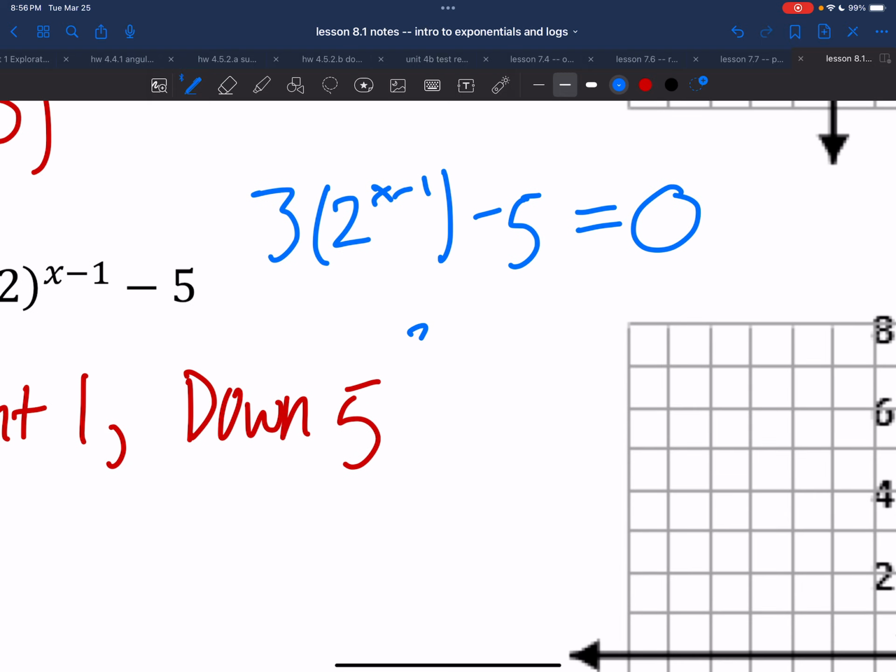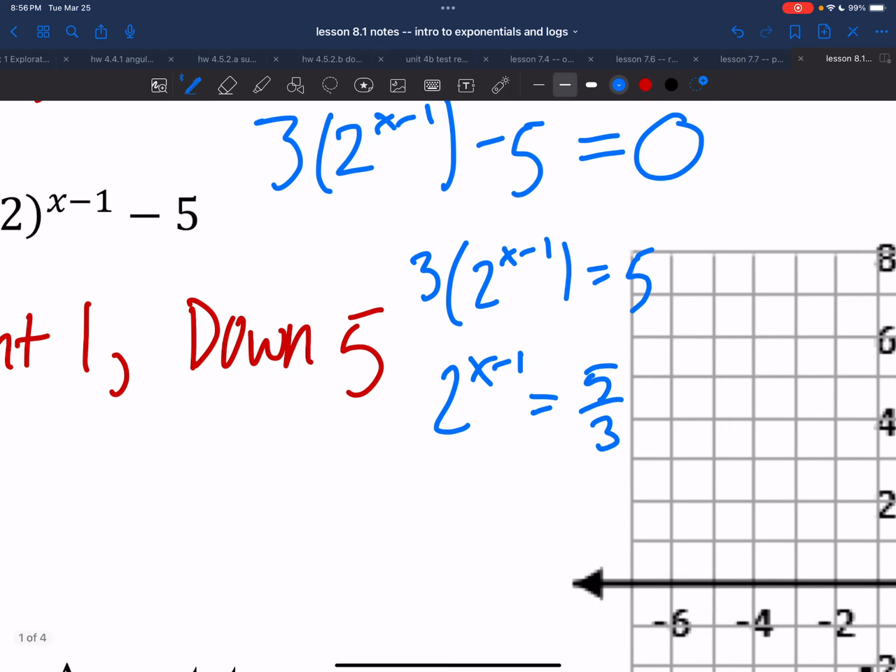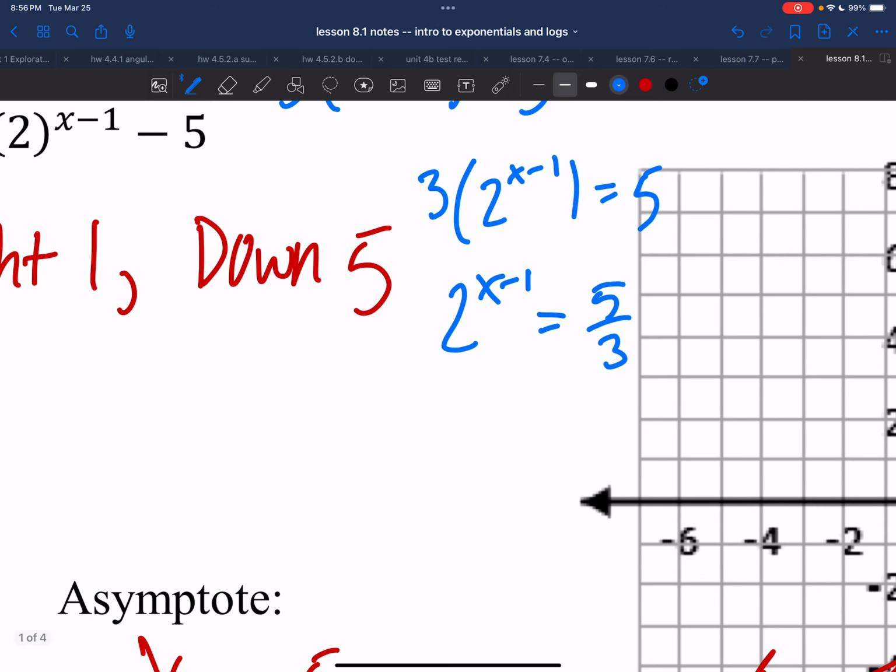Well, I would add 5, and then divide by 3 to get this exponential expression alone. And then, well, 2 to what power is 5/3?